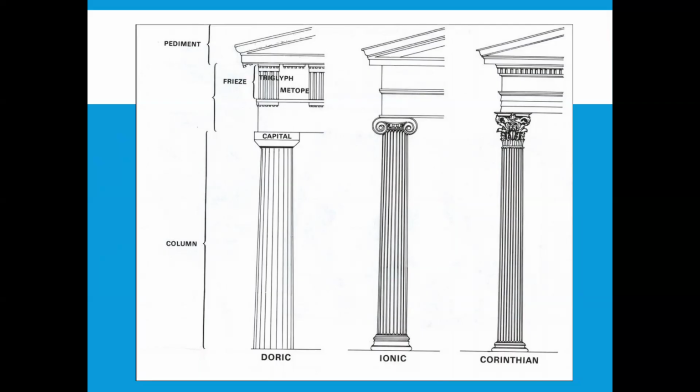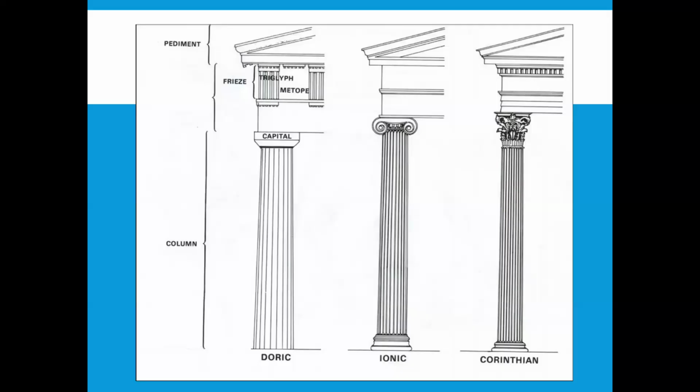The Ionic order is developed on the Ionian and Aegean Islands. Corinthian gets introduced in the Hellenistic period, and often it gets adapted into the Roman period in modern day Italy.